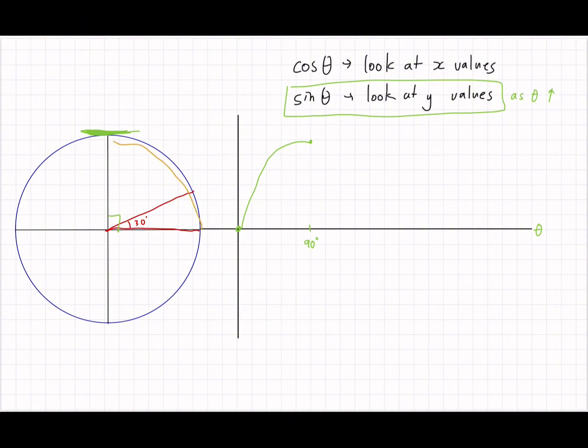So this increased like that, but then this decreases in the exact same shape, right? So our graph increased like this, and it's going to decrease in the exact same shape. That's why these two are symmetrical.